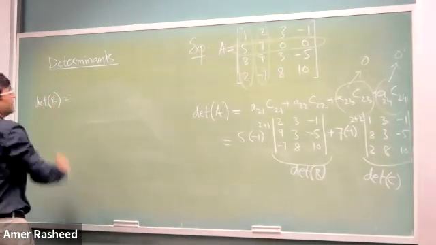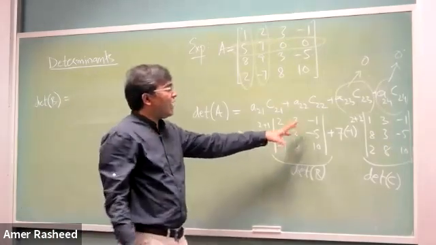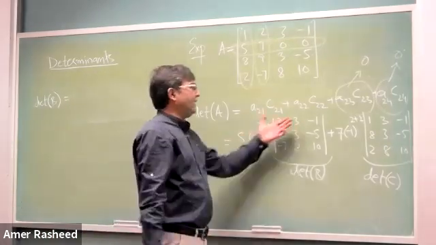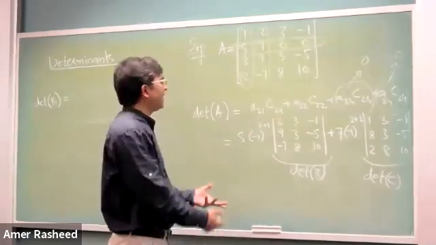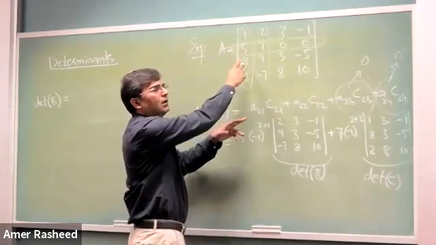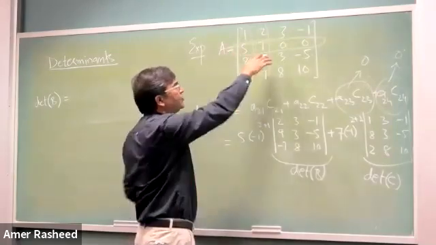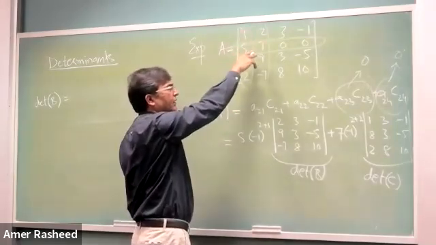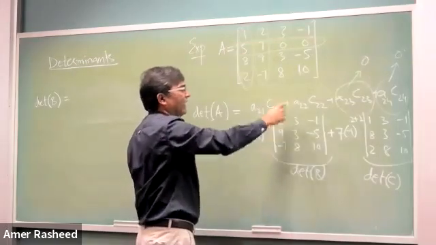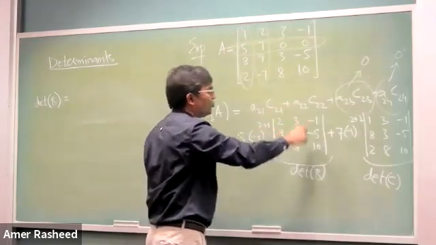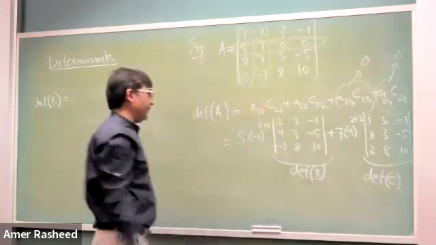Determinant of B is this thing. You have to select again any row or any column. It's not mandatory or necessary that you choose the same rows and columns as you have chosen for finding the determinant of C. You can choose any other row or any column in order to expand this determinant.